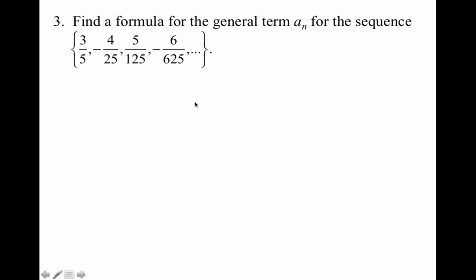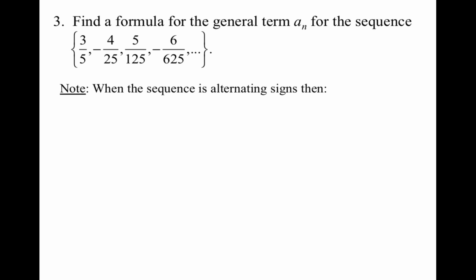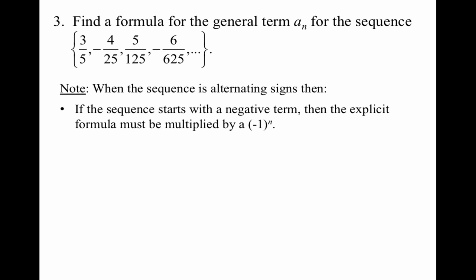All right, let's see how we did. You should notice that the sequence is alternating signs. And if the sequence starts with a negative term, then the explicit formula must be multiplied by a -1 to the nth power.